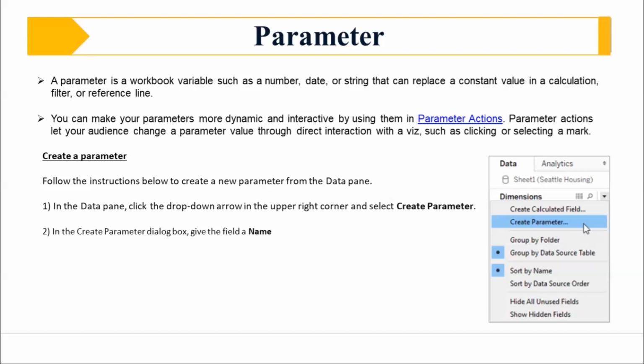It is something on a more dynamic field in Tableau, and it helps you be more dynamic. A parameter in a workbook can be for a date, for a string, for anything of that sort, and you can write your calculations, create constant values and everything.